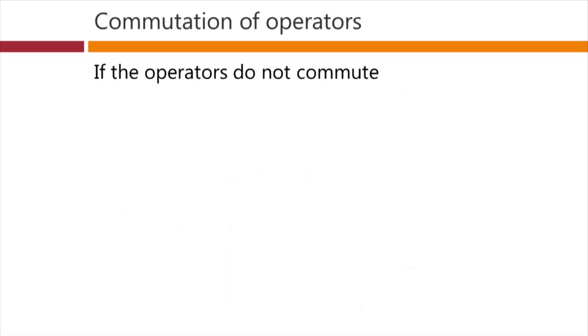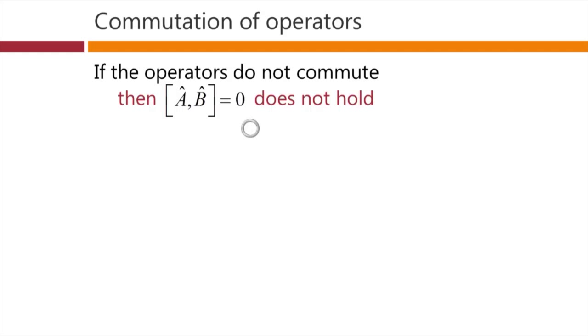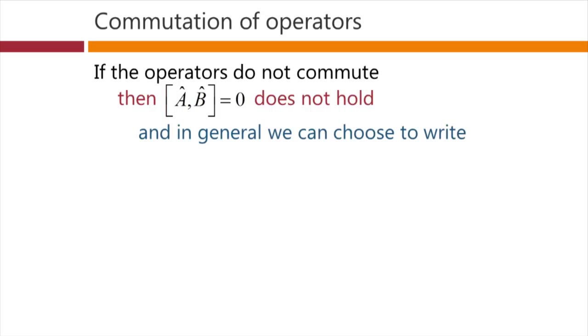Now, if the operators do not commute with one another, that means this is not true. This would be the case if the operators do commute with one another. And in general, then, we can choose to write that whatever they do equal on the right is some operator. And by convention, for no particularly strong reason, we tend to write whatever the operator on the right is as I times C, where C is some operator.